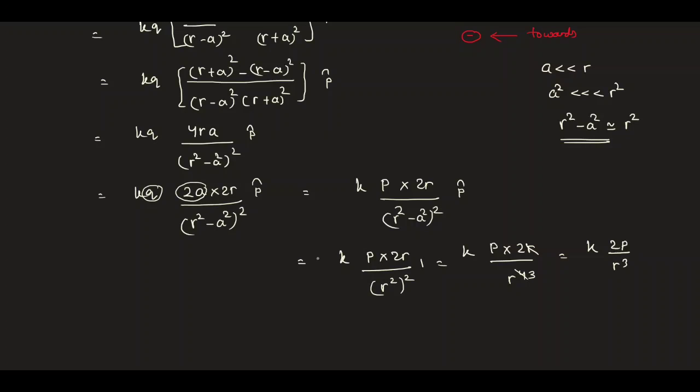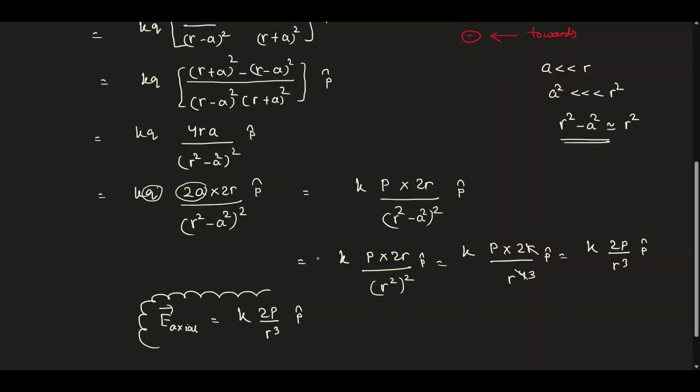And here, don't forget to mention the direction, this is P cap. So K into 2P by R cube into P cap. So finally, we got the expression E axial equal to K into 2P divided by R cube into P cap. This is the final expression for the electric field due to a dipole at its axial point.